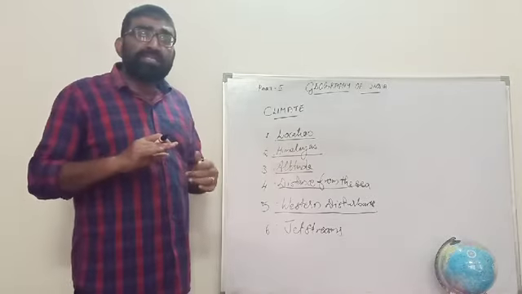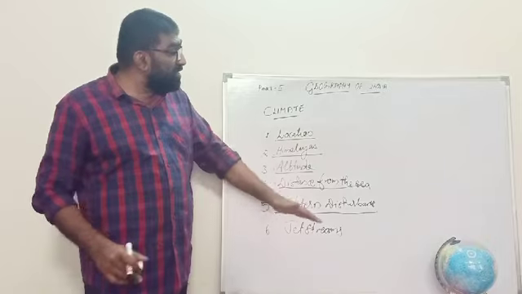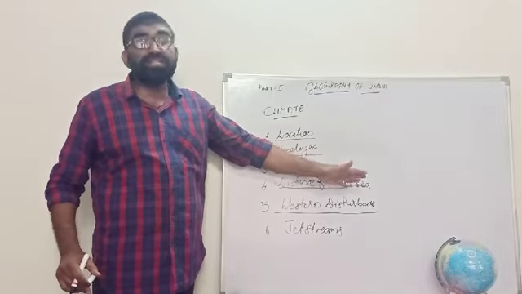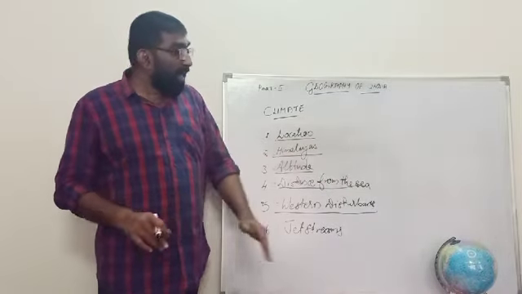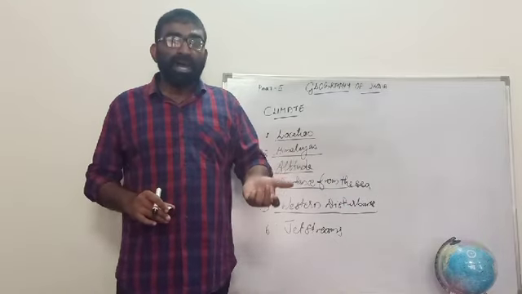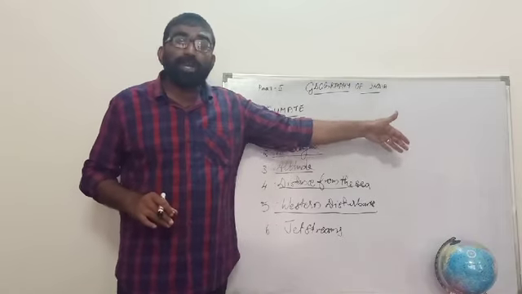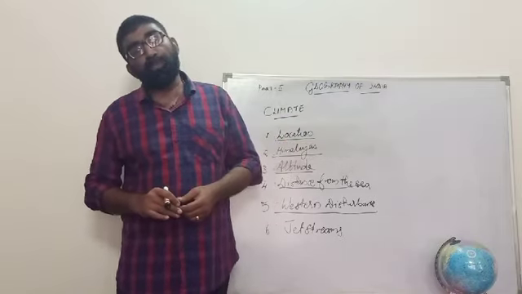Western disturbances are cyclonic depressions. These depressions originate in the Mediterranean in the winter season and travel eastwards, crossing Pakistan, Iraq, Afghanistan, and their effect is found here in the northwestern part of India.